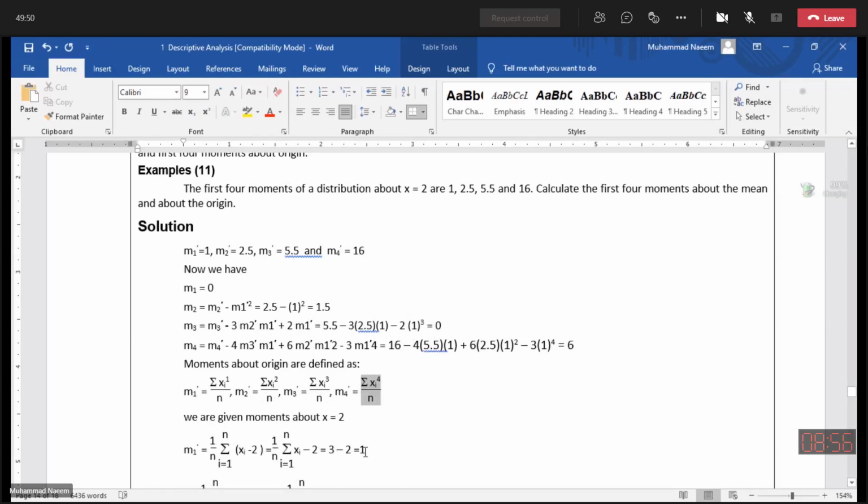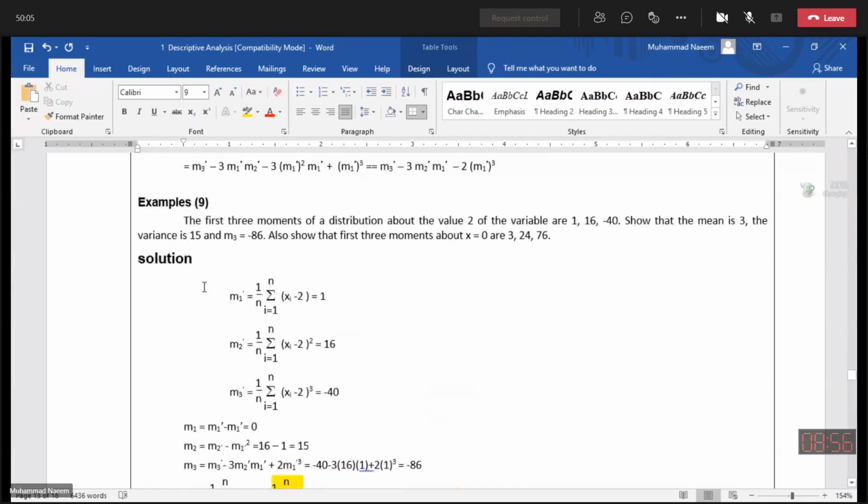Yes, in this, what is available, what is given in our case? First of all, express your given data.